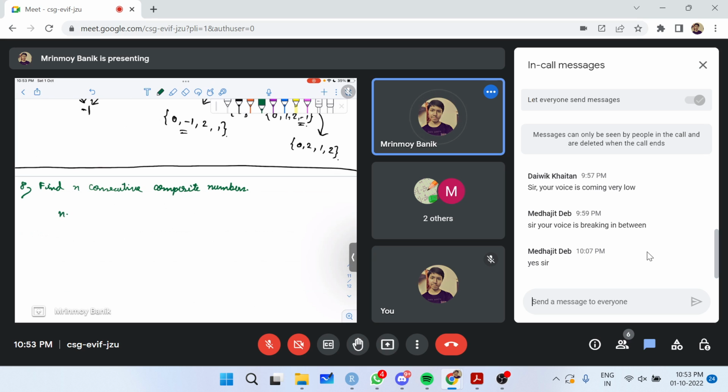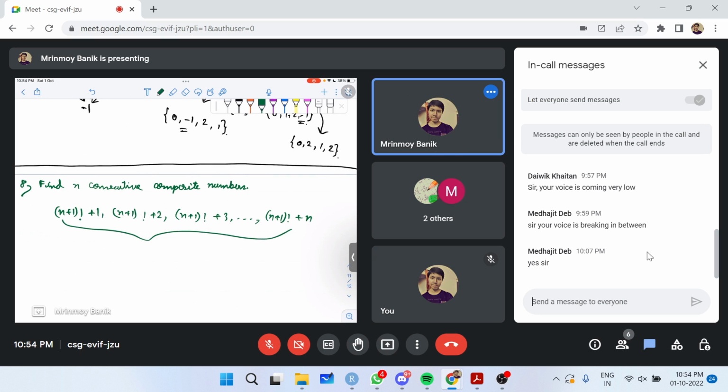It's basically we are using this factorial to generate a point. You see, this factorial is divisible by all the numbers from 1 to n plus 1, right? So we can just keep on adding 1, then 1 again, and so on. So we need n of them. That's why I started with n plus 1 factorial. So these n numbers are consecutive, as you can see, and each one of them is composite.